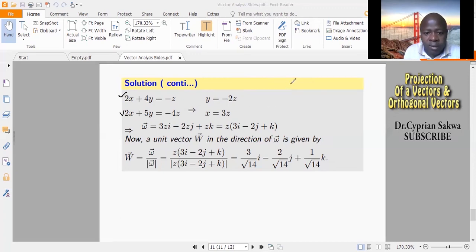Because it will be 2x plus 5y equal to negative 4z, and this other one is 2x plus 4y equal to negative z. Then I subtract, I have y equal negative 3z, y equal negative 3z.